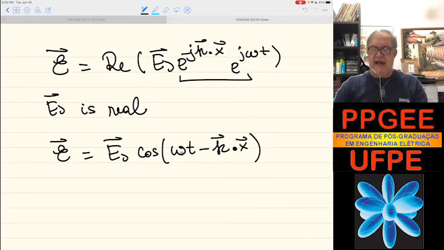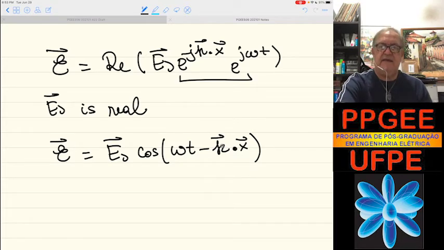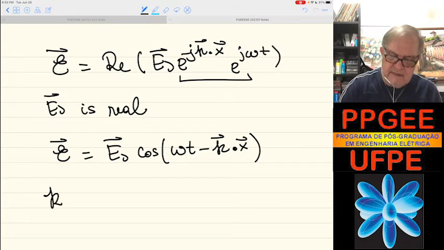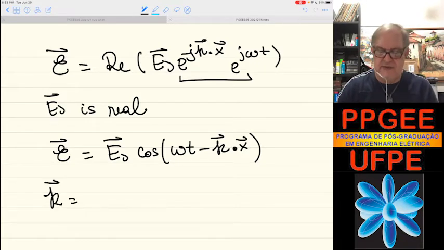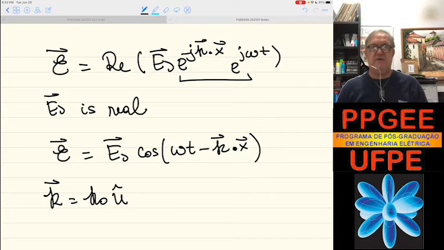For a given time, fixed time, this is a function of the coordinates, a periodic function with the wave vector having, you know, a scale factor. Let's look into that. Let's assume that k equals a magnitude times the unit versor u.